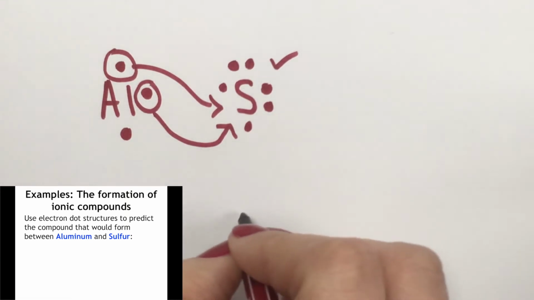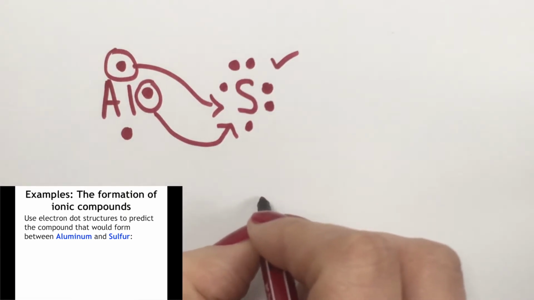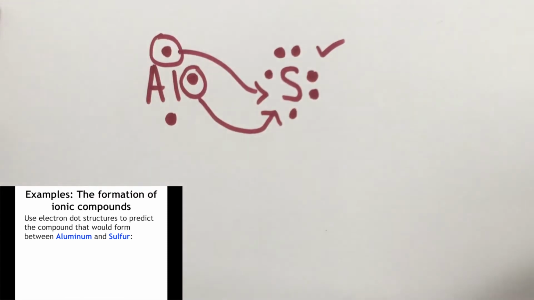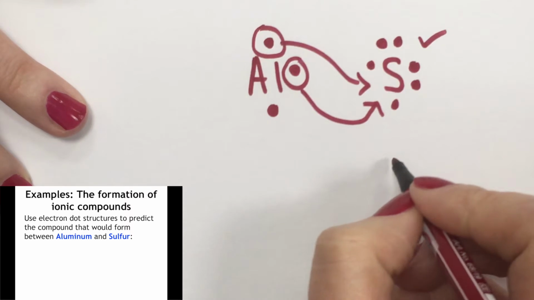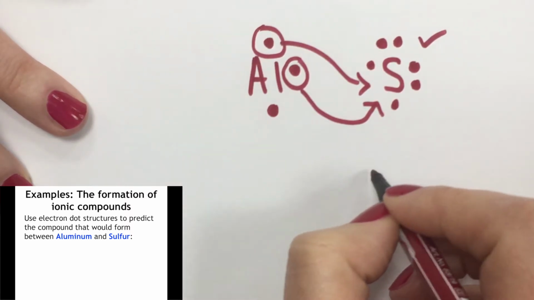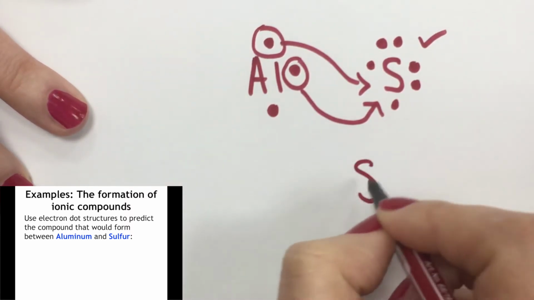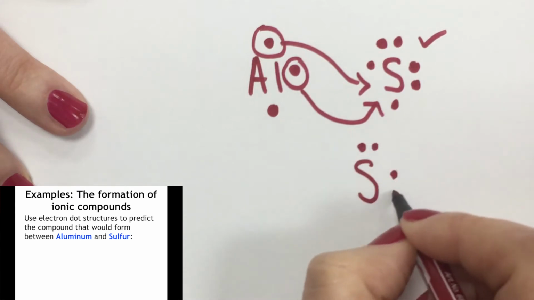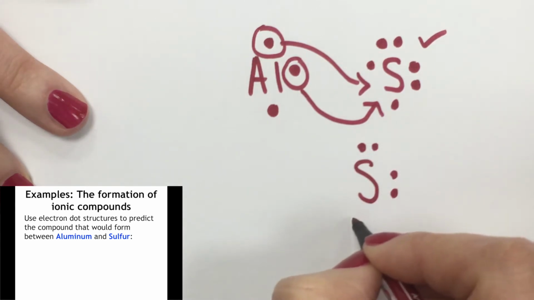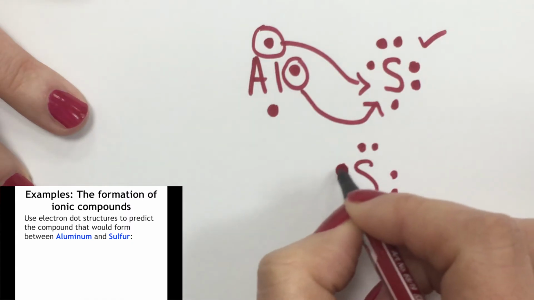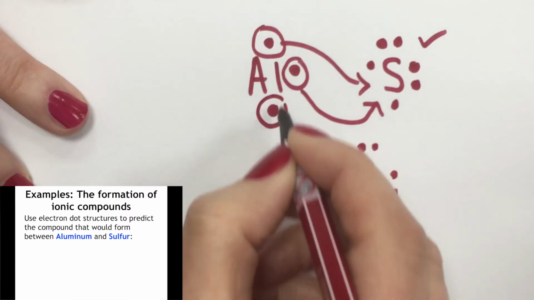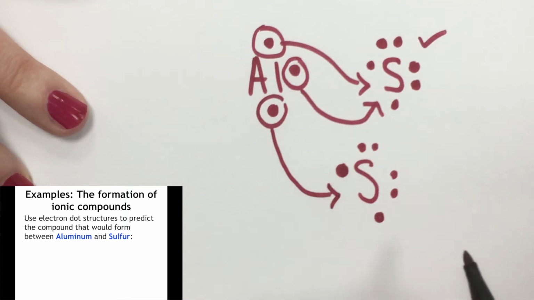So we need to add another sulfur. Sulfur has 6, 5, 6. So this electron will go here.